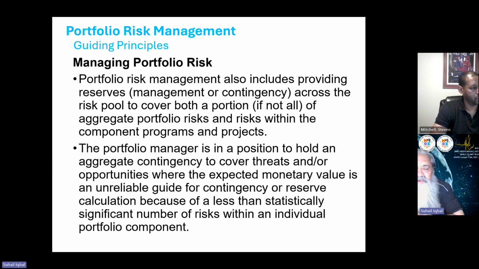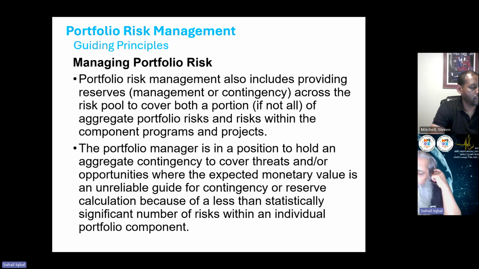A portfolio manager is in a position to hold an aggregate contingency to cover threats and opportunities where the expected monetary value is an unreliable guide for contingency or reserve. So EMV may not give you the right picture in the case of a portfolio, because this is not a simple science of calculation that 2 and 2 becomes 4.